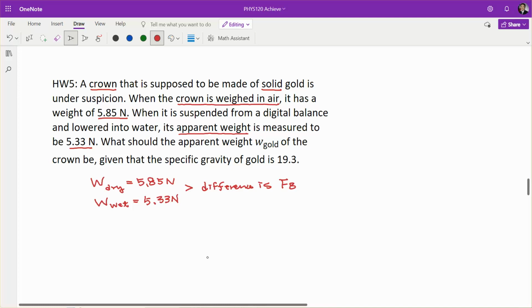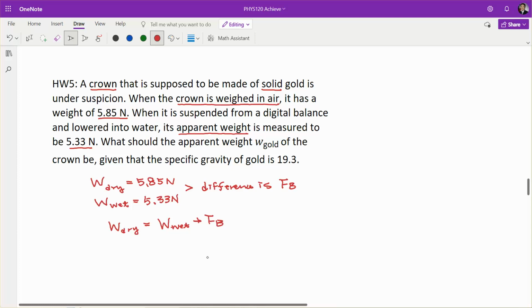So what that means is that the dry weight is equal to your wet weight plus the buoyancy force.